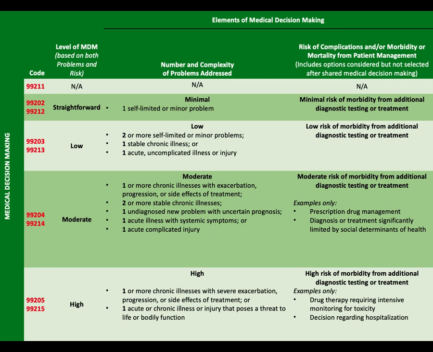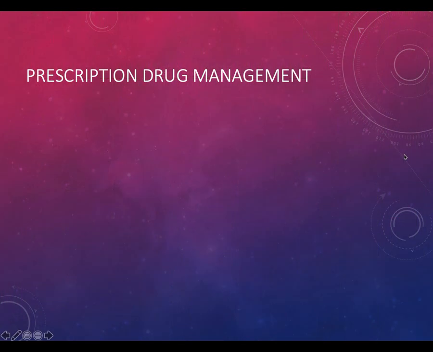The medical decision-making table gives a few examples of risk. An example of moderate risk is prescription drug management. This is a key way for psychiatrists to get to 99214. Prescription drug management is not defined by CPT.